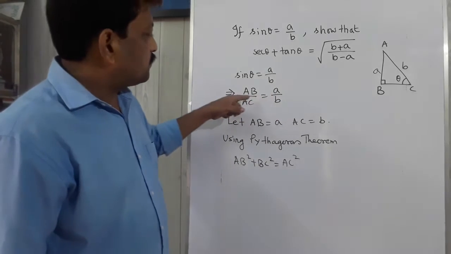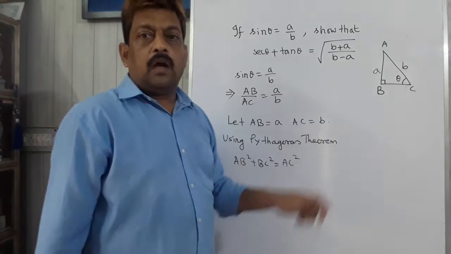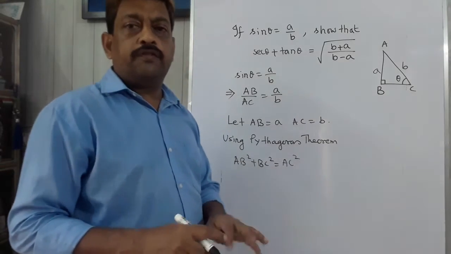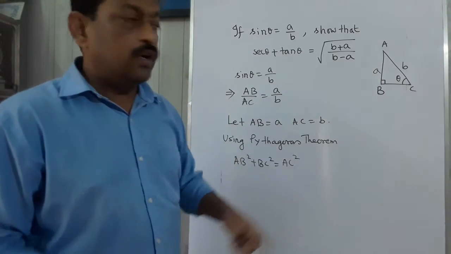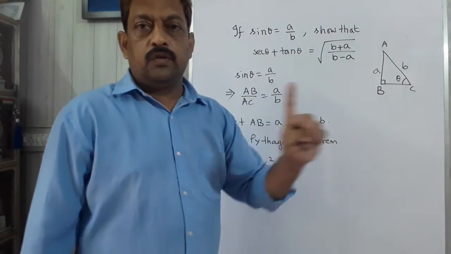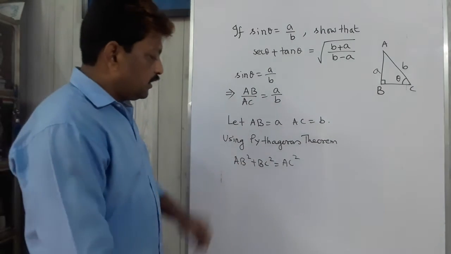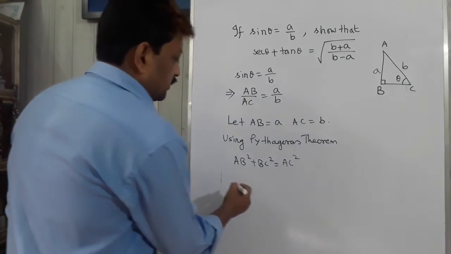Because we have to find the value of sec theta and tan theta, and to find the value of other trigonometric ratios we need the third side. The two sides are already given. To find the third side we have to use the Pythagoras theorem.